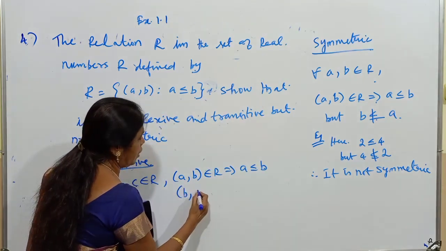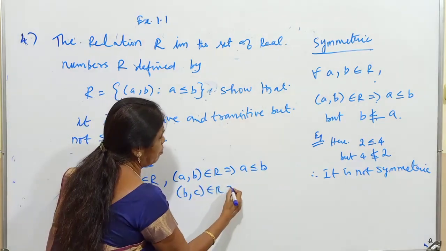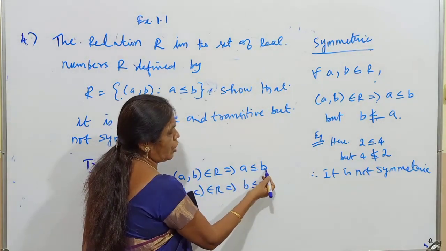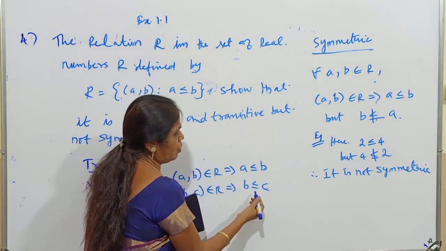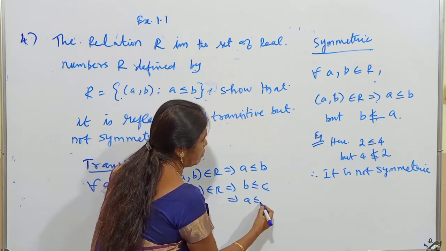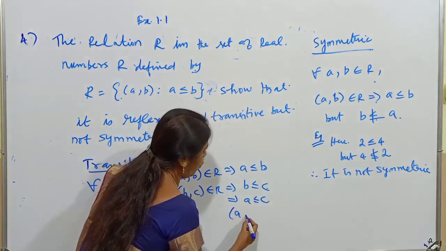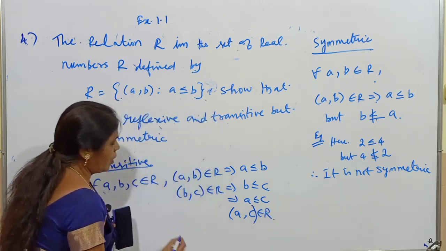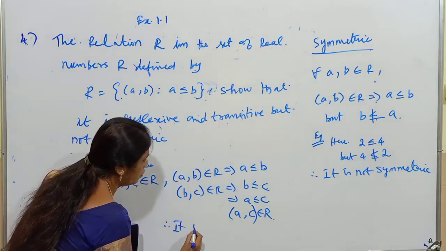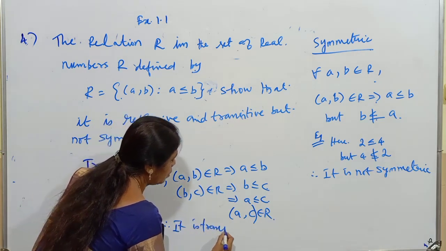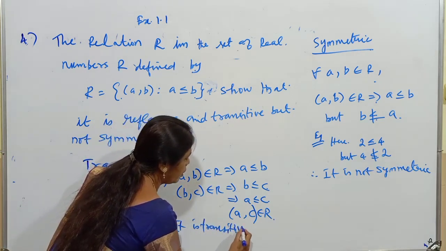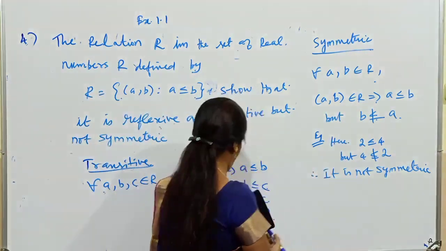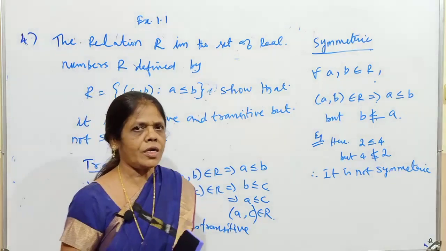Then (b, c) belongs to R implies b is less than or equal to c. Then a is less than or equal to b, b is less than or equal to c, obviously a is less than or equal to c. Therefore (a, c) belongs to R. Therefore it is transitive. So it is reflexive and transitive, but it is not symmetric.